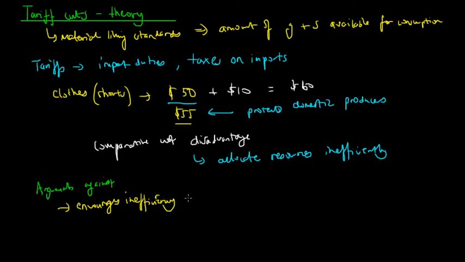And since these firms are protected by tariffs, or these taxes on imports, they have little incentive to be more efficient. So these firms will start getting complacent and still produce at $55, where they could cut their costs and become more efficient if tariffs are removed.